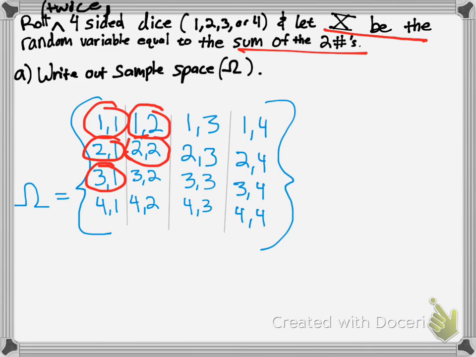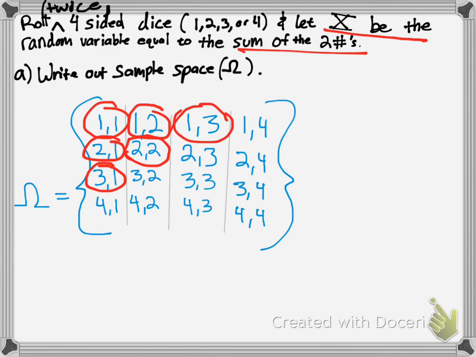And 2 plus 2 is equal to 4. 2 plus 3 is 5, so that wouldn't count. And then 1 plus 3 is equal to 4. All these other options would be greater than 4.